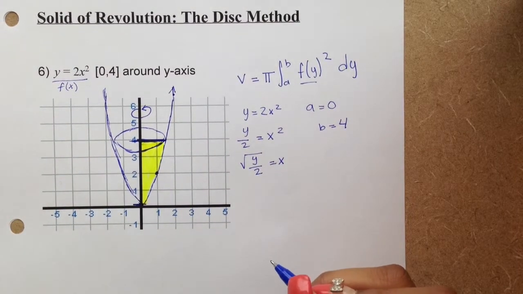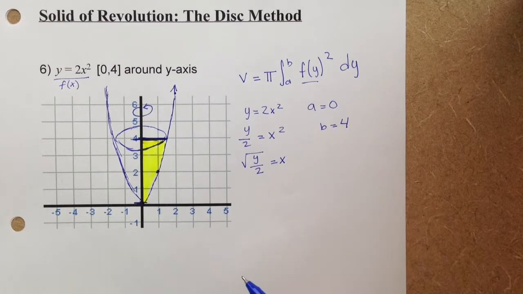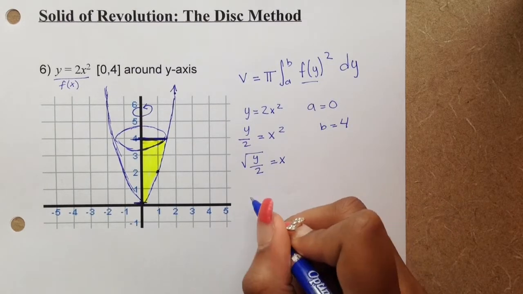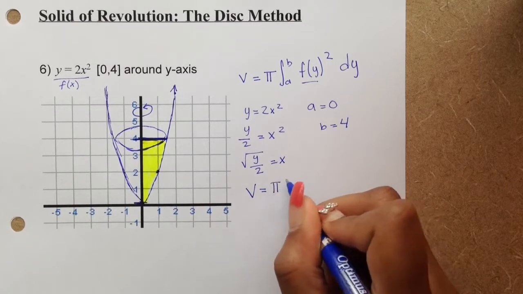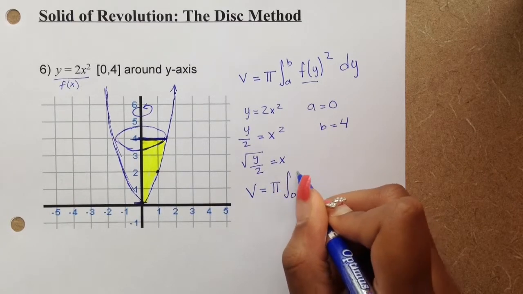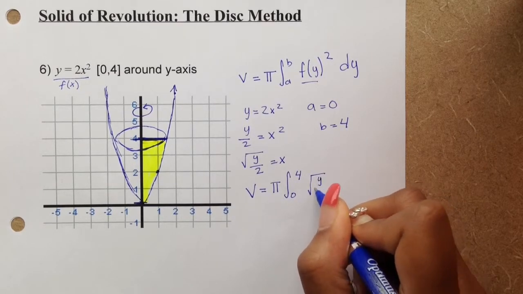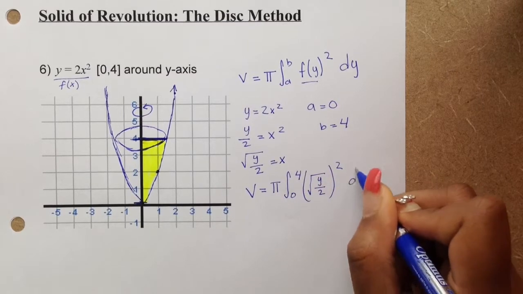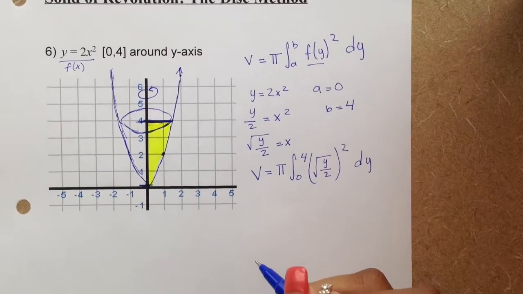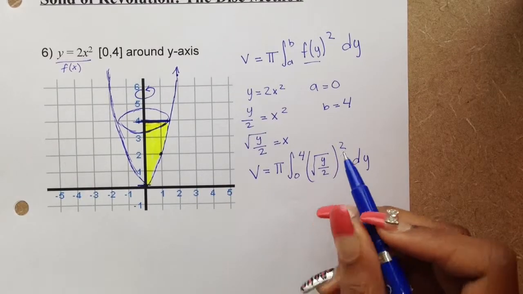So now we can go back over here with the algebra and plug the stuff into the function. So V will equal pi integral from 0 to 4 of the square root of y over 2 squared dy. And as you see here, we'll just square this.